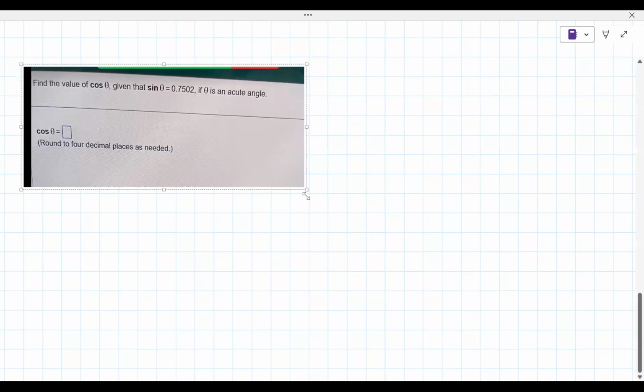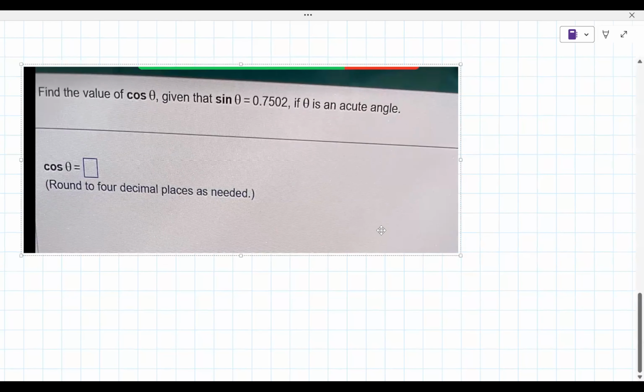Get it up now. So find the value of cosine theta given sine theta equals that.